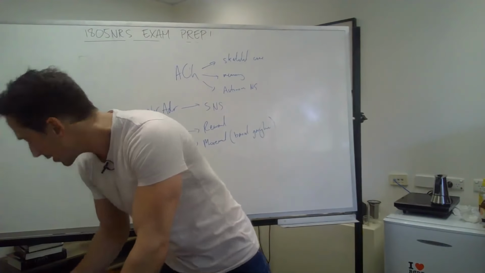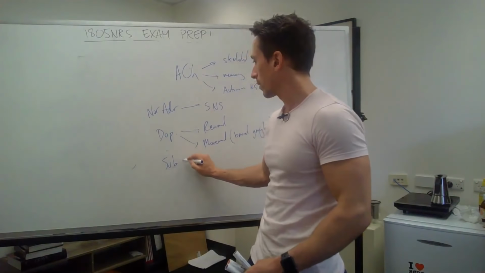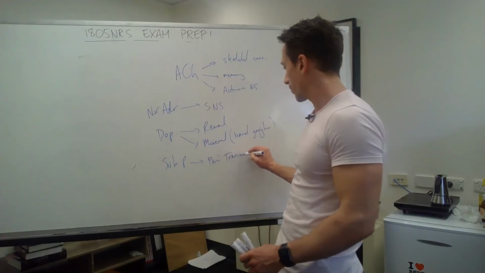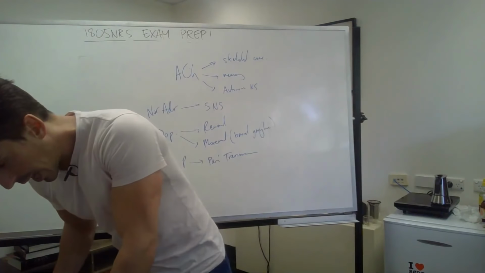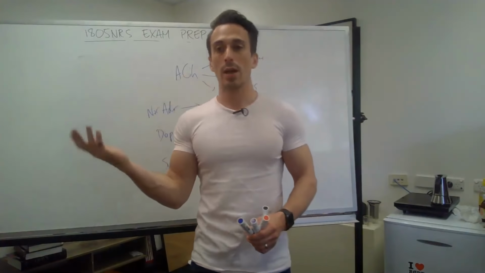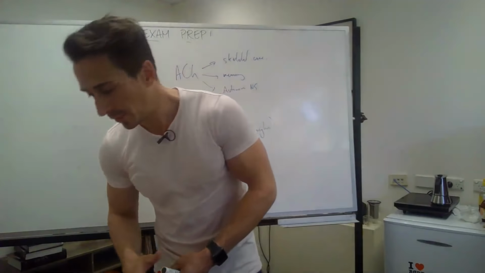When we look at substance P, pain transmission. And don't worry about serotonin, GABA, and glutamate. Glutamate, excitatory neurotransmitter. GABA, inhibitory neurotransmitter.